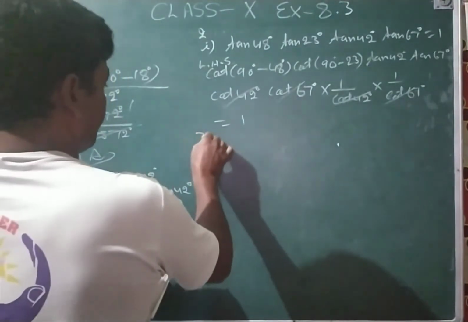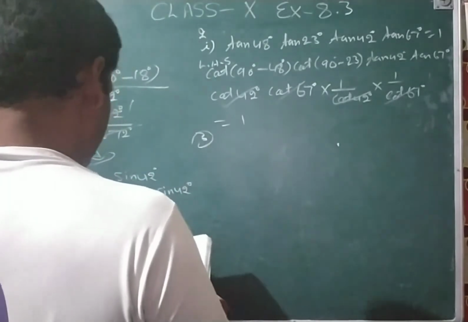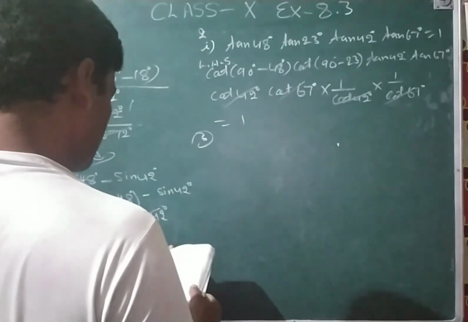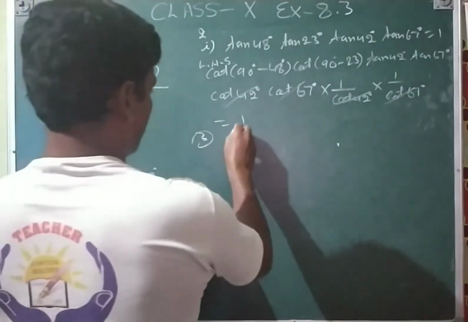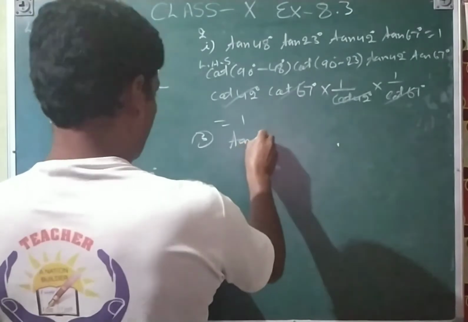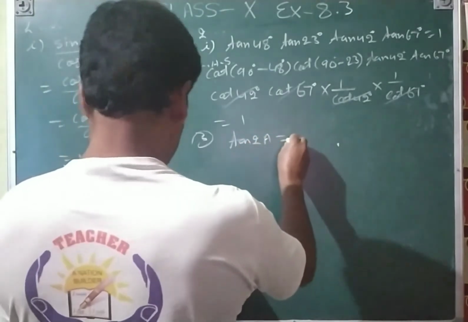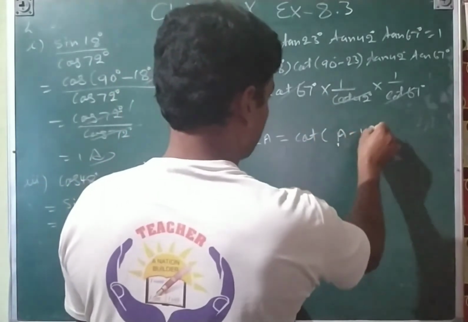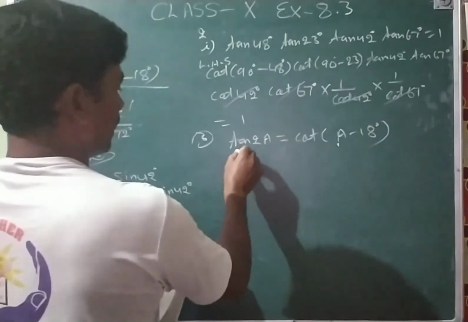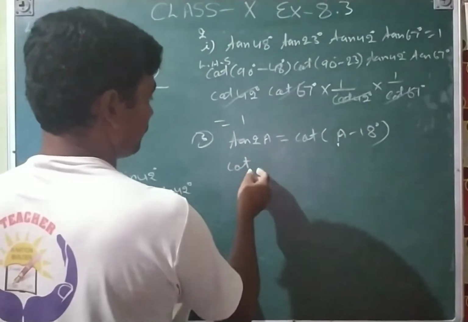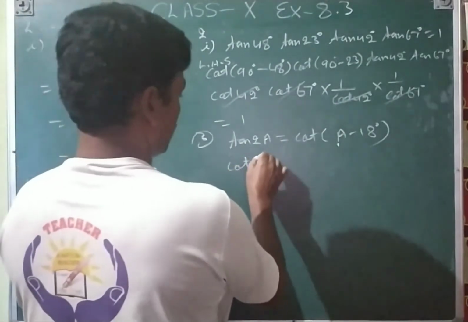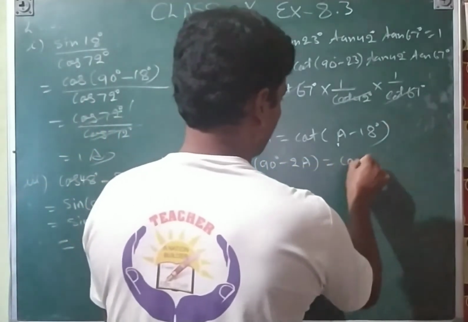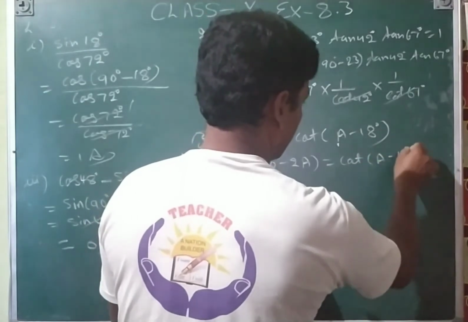And third: tan 2a is equal to cot (a minus 18), where 2a is an acute angle, find the value of a. So tan 2a is equal to cot (a minus 18 degree). Tan is equal to cot (90 minus 2a), so cot (90 minus 2a) is equal to cot (a minus 18).